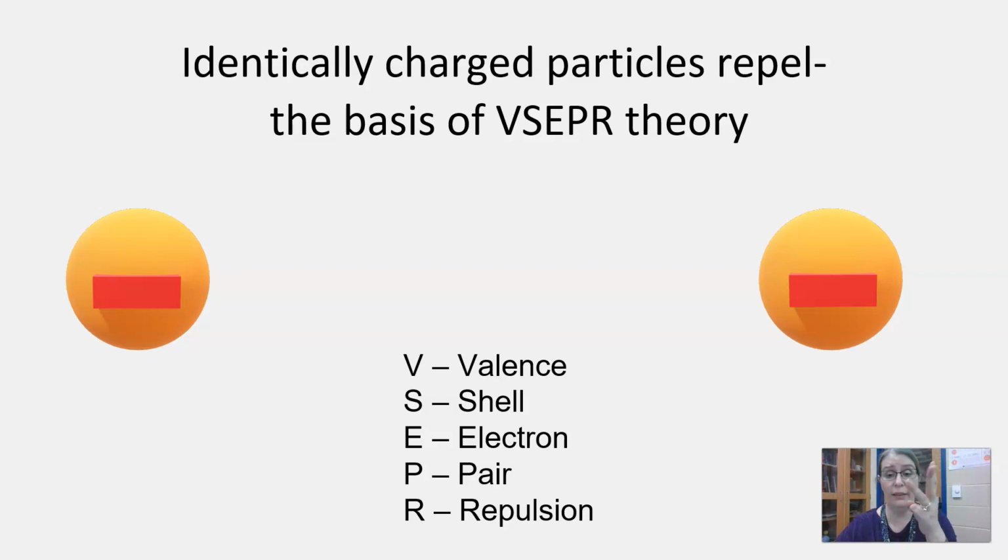So valence shell electron pair repulsion, because all electrons are negative, they will all repel each other. The idea here is that since they are pushing away from each other, we want to get them as far apart as possible so that they have less energy to push on each other.